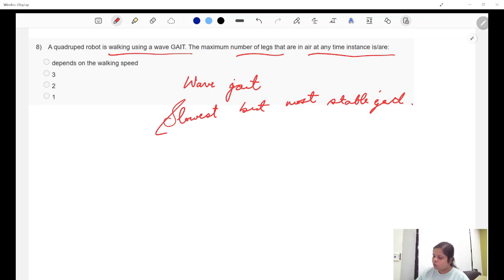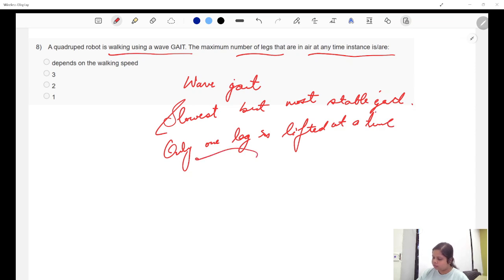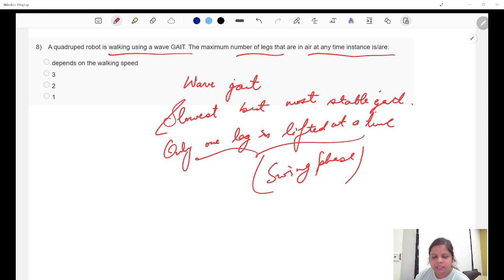In this, only one leg is lifted at a time. That one leg is lifted means what? Swing phase. Okay, the three other legs stay on the ground.